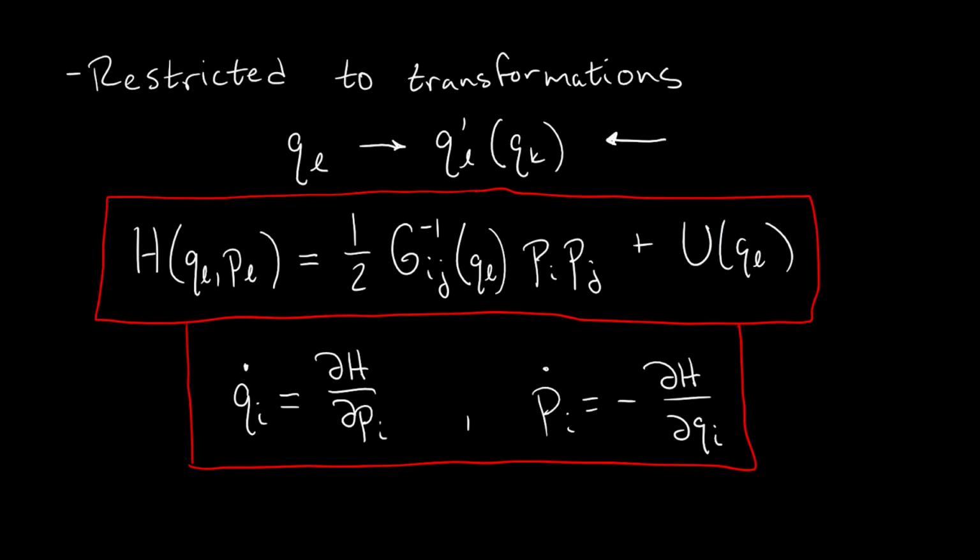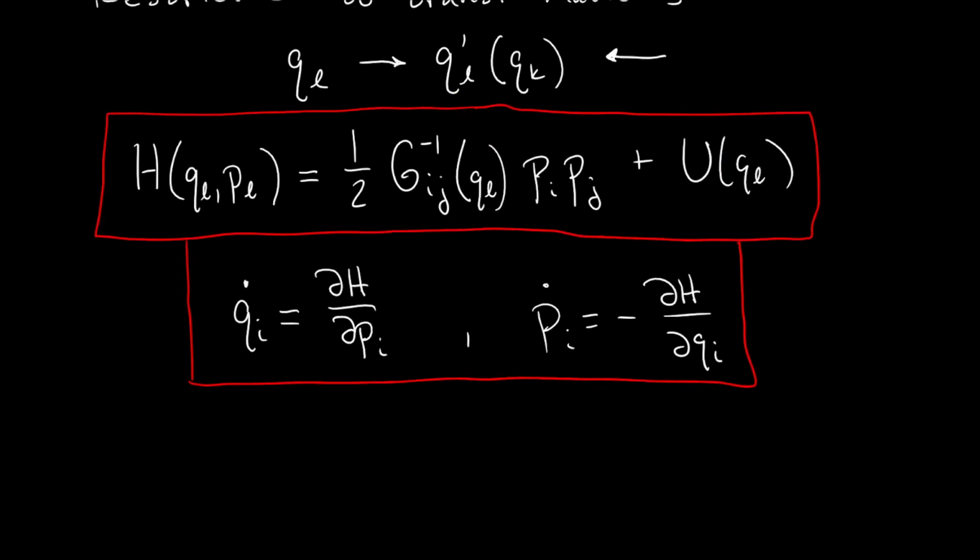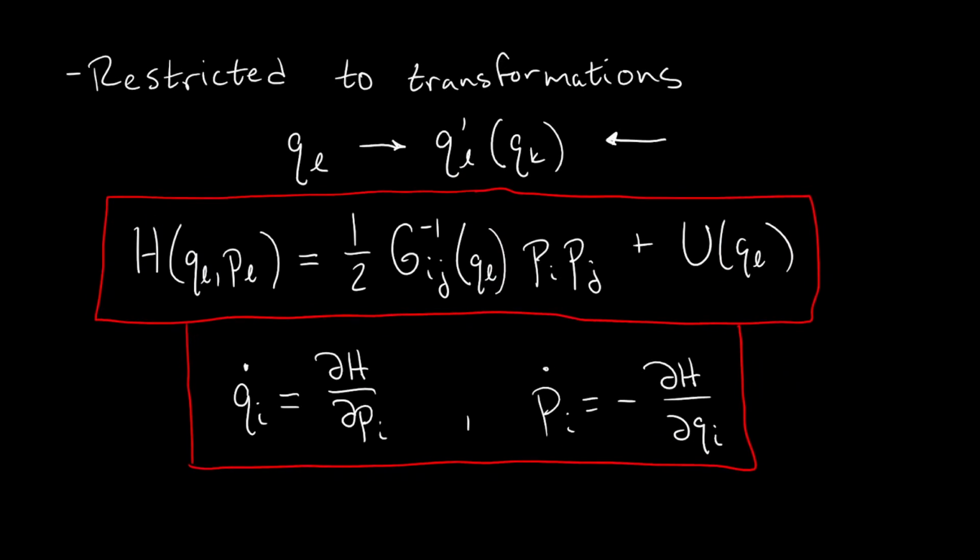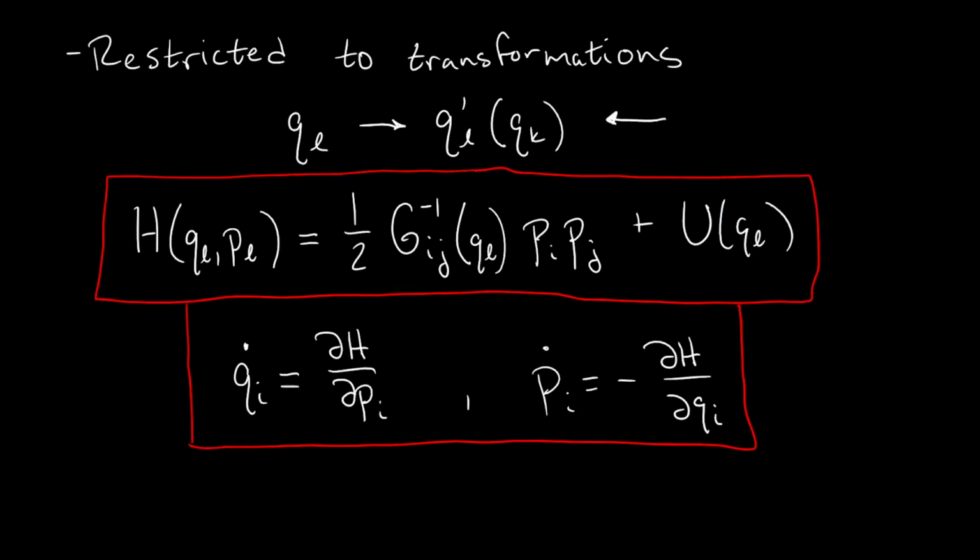Okay, so this is all well and good, but we might think that there can be some more general transformations that we can do. In particular, last time we talked a whole lot about phase space and how we defined a space made up of both our coordinates and our momenta. So we might think that instead of just transforming to some set of coordinates which are functions of our old coordinates, we can do a more general phase space transformation.